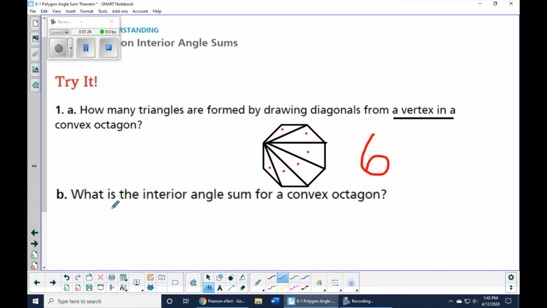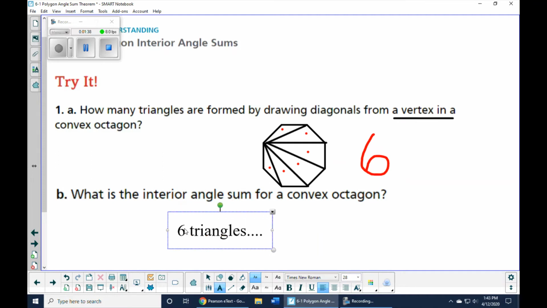Now, the next question asks, what is the interior angle sum for a convex octagon? We see there are 6 triangles. And how many degrees are inside of a triangle? I bet everybody just said 180 degrees, right? 180 degrees each.